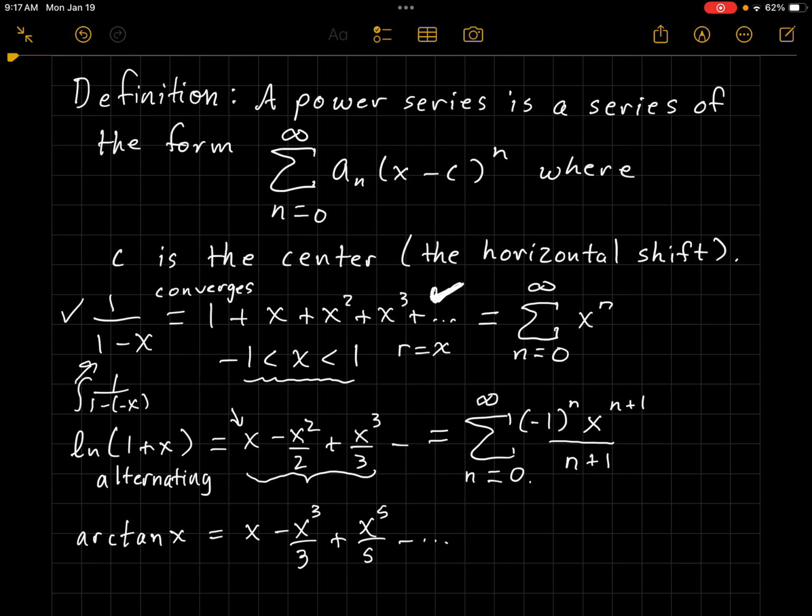Well, my first term is negative 1 to the 0, which is 1. x to the 0 plus 1 over 1. Check. I'll do the next term. If n equals 1, I get negative 1 to the 1, so negative. I get x to the 1 plus 1, x squared, over 1 plus 1, and it looks like I have it correct.